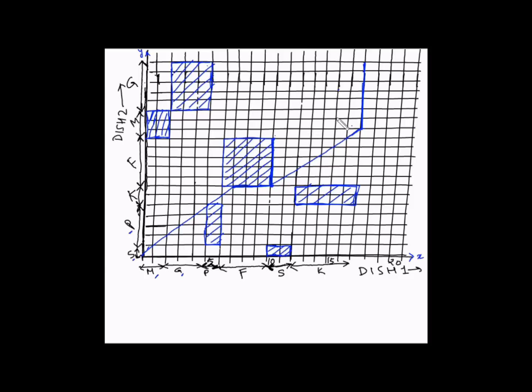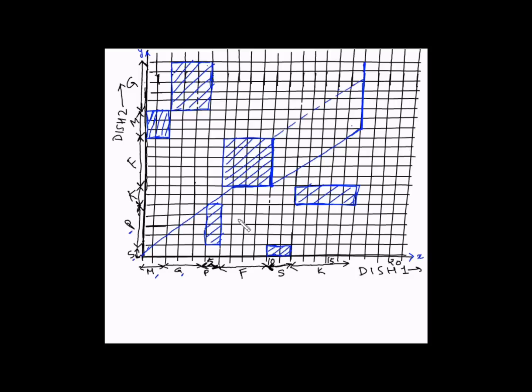So I'll draw a dotted line to denote the second path. So we'll have a line something like this. And then after reaching this edge here, because we have completed dish 1 at the 17th hour, we have to go vertically up. So we will have the same line and overlap.